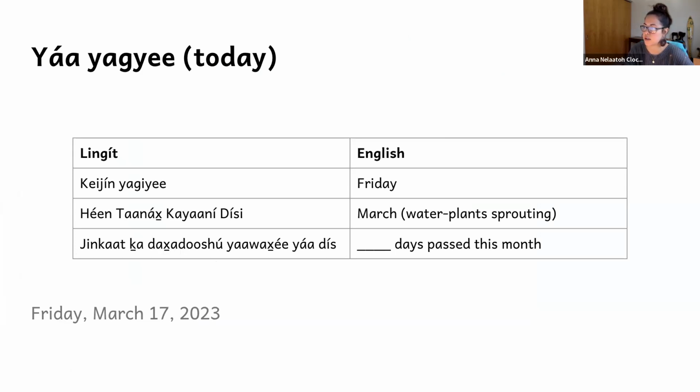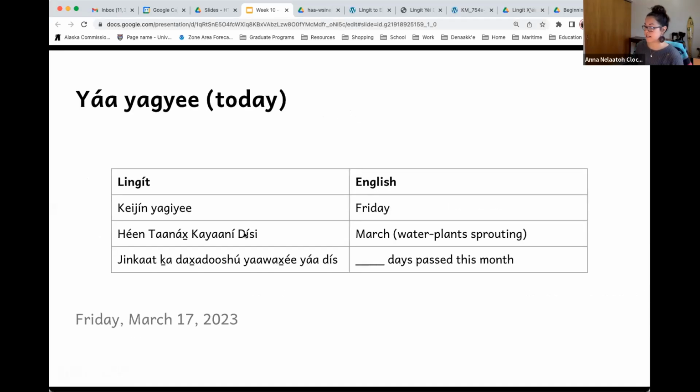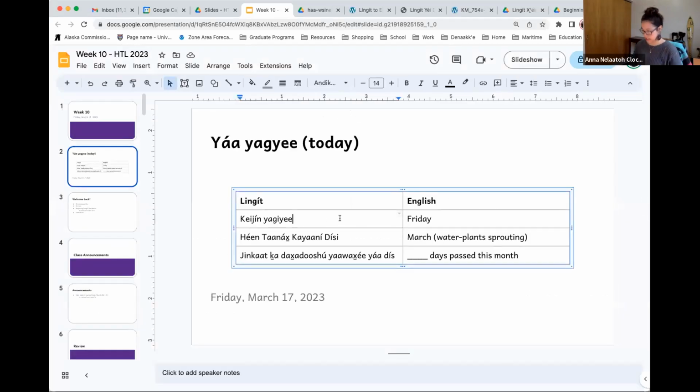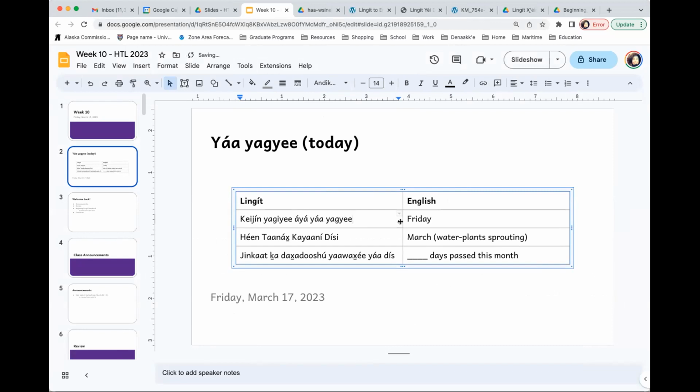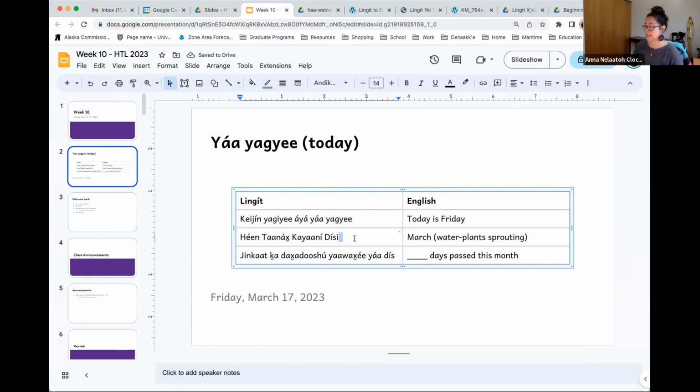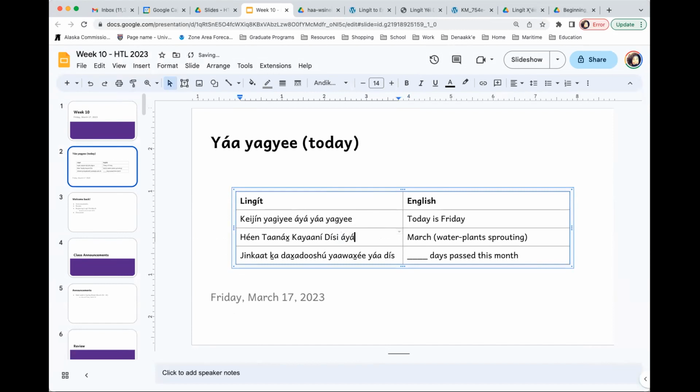Cajun yagi. And then if I wanted to put the whole phrase to say today is Friday, I would say Cajun yagi, yagi. So today is Friday. And then if I want to say this is March, I would add yeah. So let's do the whole thing.